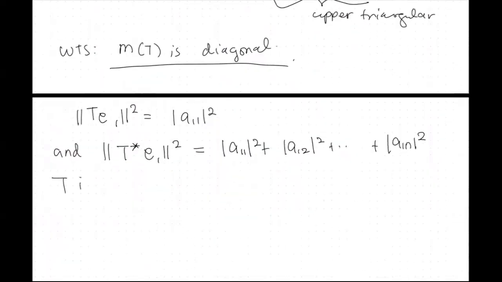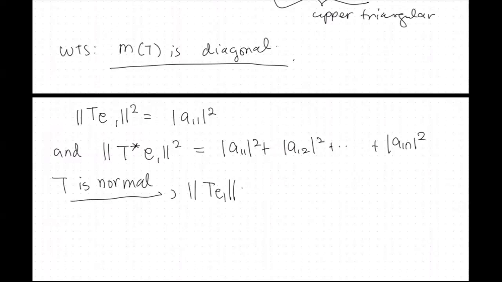And then T is normal by assumption. Thus, the norm of T e1 is equal to the norm of T star e1. This is true by 7.20, which states that if T is a normal operator, then the norm of T v is equal to the norm of T star v.